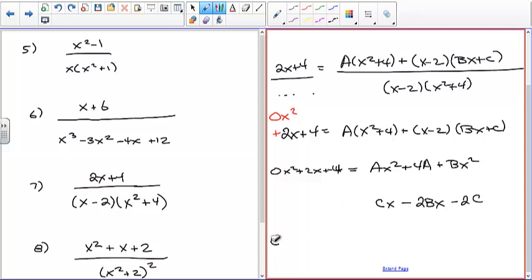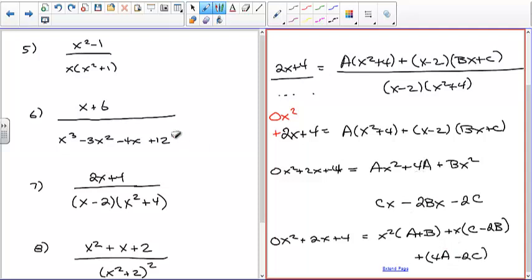And then we can regroup the stuff on the right-hand side. Put all the x squared things together, so you got x squared times (a plus b), ax squared, bx squared. Then you'll have the x terms, plus x times (c minus 2b). And then the constant terms, we have 4a and negative 2c.